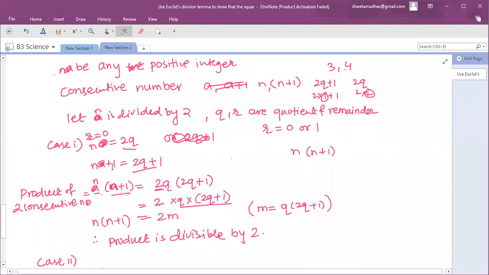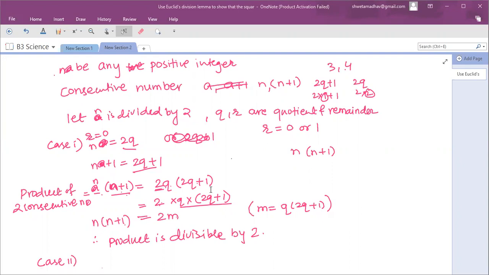Then what is the next number? That is n plus 1, which will be 2q plus 1. So 2q and 2q plus 1 are the two consecutive terms. We have to show that the product of these two terms, n into n plus 1, where n is 2q and n plus 1 is 2q plus 1, is a multiple of 2.